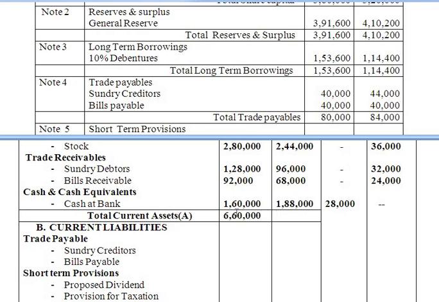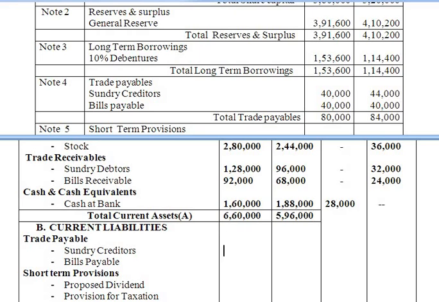And for the year 2019 it is 2,44,000 plus 96,000 plus 68,000 plus 1,88,000. It is 5,96,000. And now we have to write the amount for current liabilities and their effects on working capital.